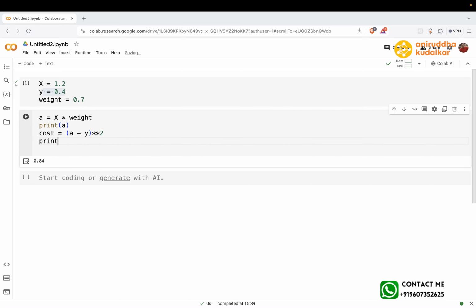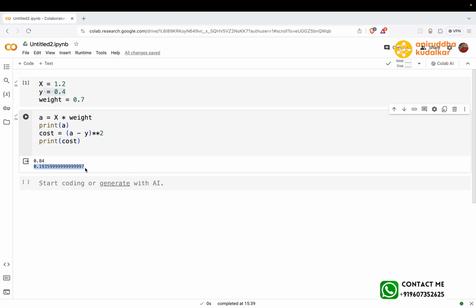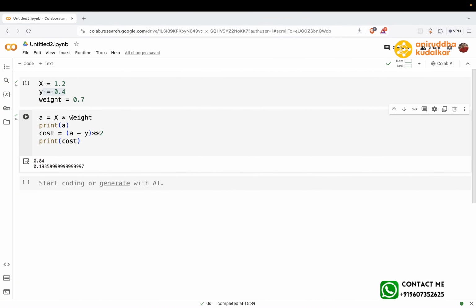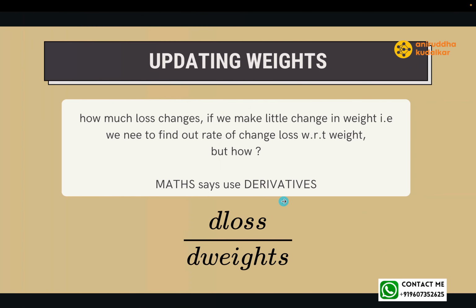If you print this cost, you will see your cost is something like this. So we have got the loss or cost, and we need to find out, if I change this W, how much this cost changes.